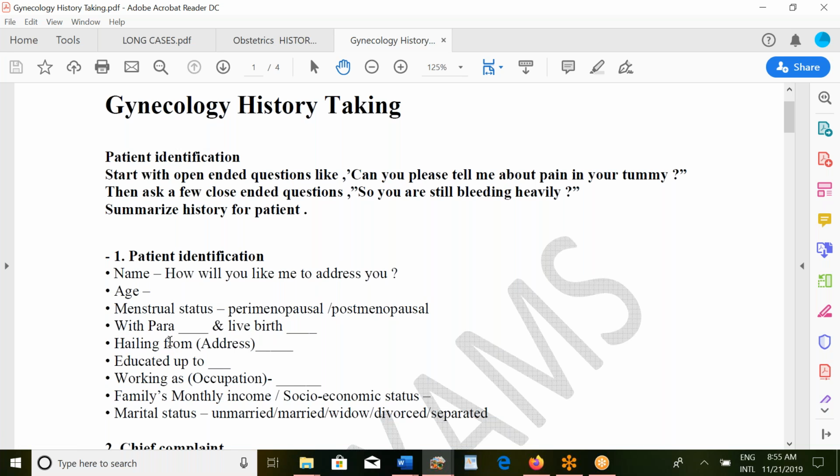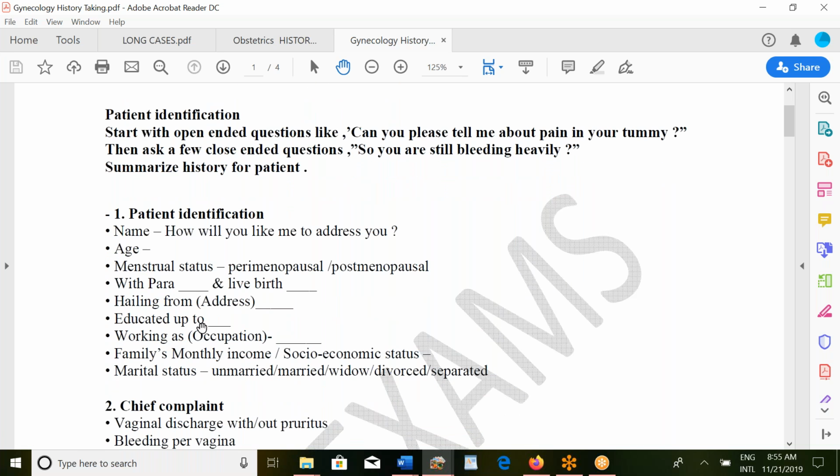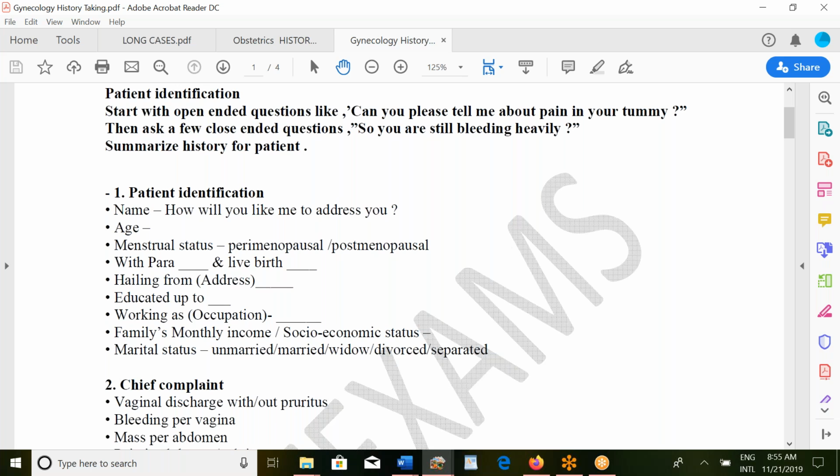Where does she hail from, where do you live? What do you do for a living? She will tell you her occupation so you can have some idea about the education background. If she's a housewife, ask, did you attend high school? She will say yes. And any university? She will tell you the family's monthly income, but you will have some idea about the socioeconomic status.